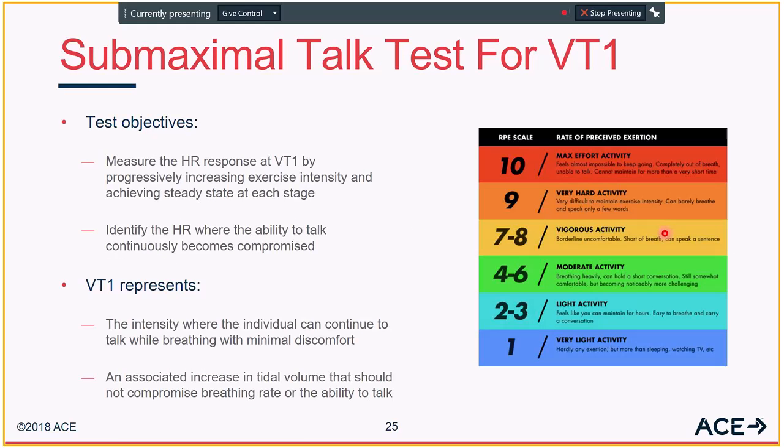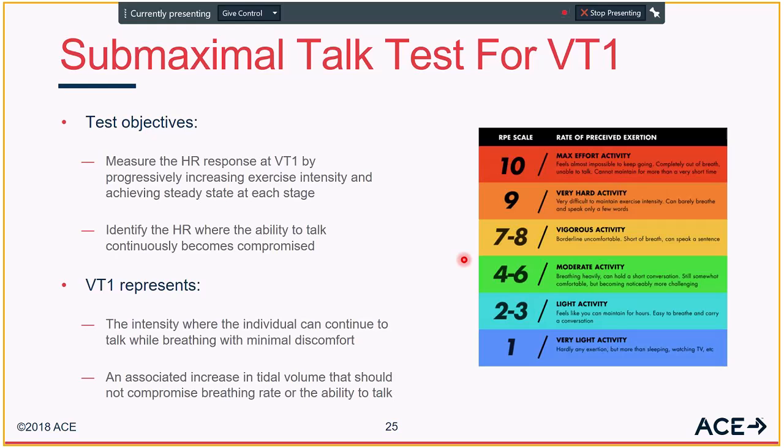If you have a client that you want to work at a certain level, we use the submax talk test. So for example, you would explain to your client a scale of 1 to 10, 1 being rest, 10 being really hard work. I want you to walk on the treadmill so you feel like a 5.